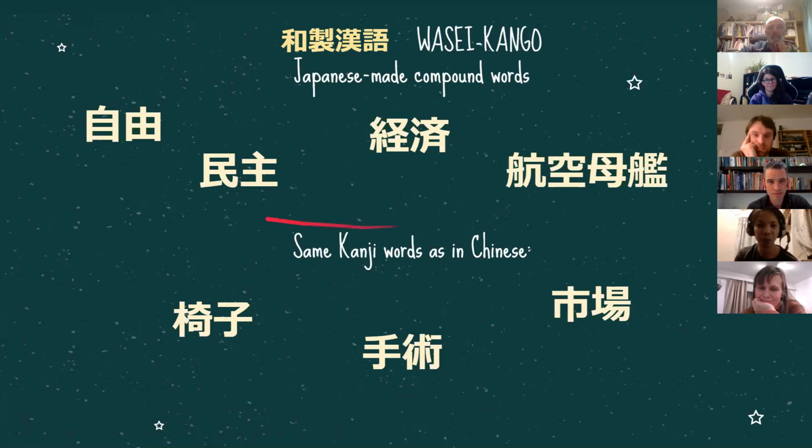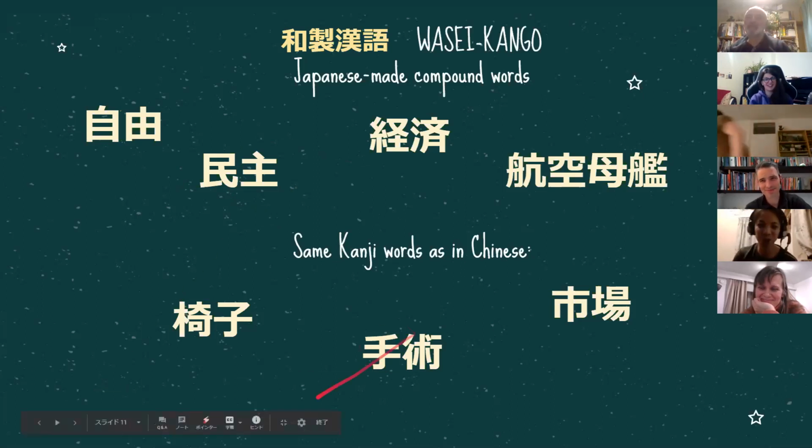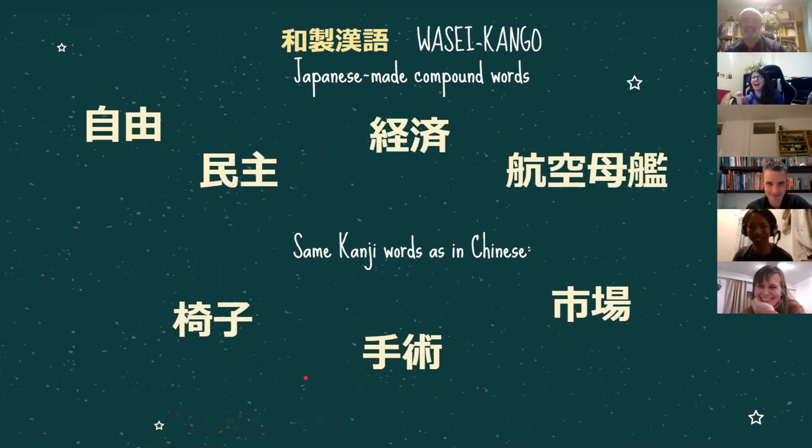So if I write something like, hey, Wayne, there is no minshu in Hong Kong, and he knows what I'm talking about. Hey Wayne, how was your shujutsu? Would you like an aircraft carrier for your birthday? How was your shujutsu last week? Something like this.